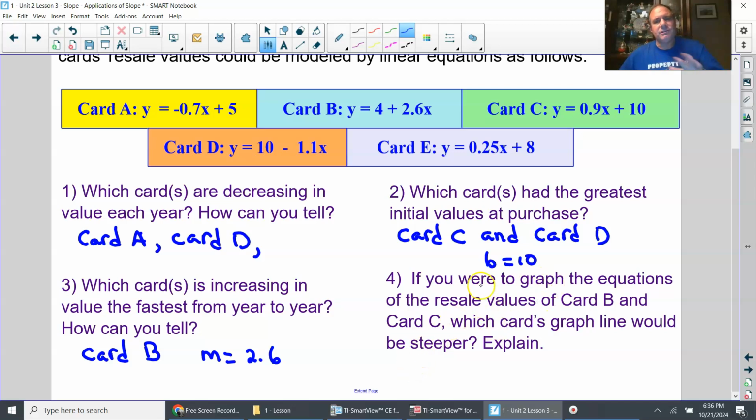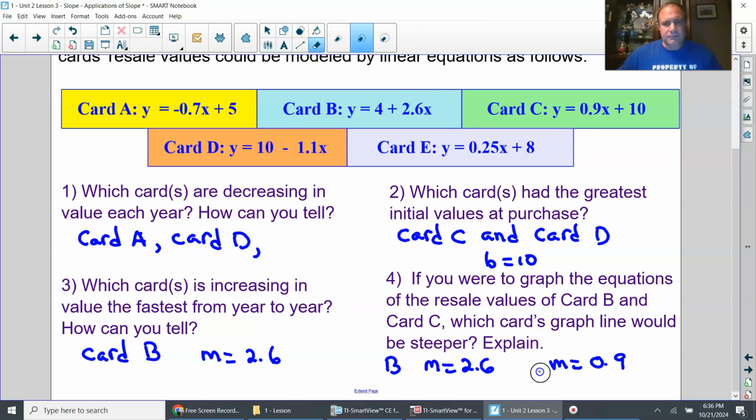If you were to graph the equations of the resale values of card B and card C, which card's graph line would be steeper? So card B has an m of 2.6. Card C has an m of 0.9. So let me get this. Which one would be steeper?